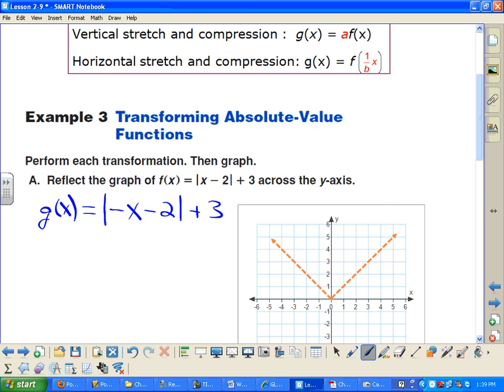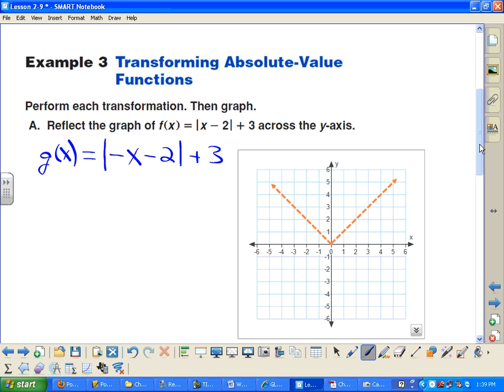Now, let's look at our original one. Let's get our original one graphed here. So where's our vertex at for the original? +2, +3, right?